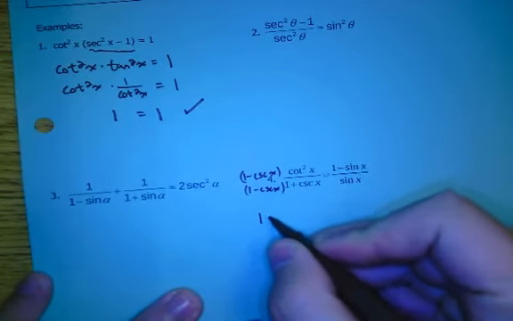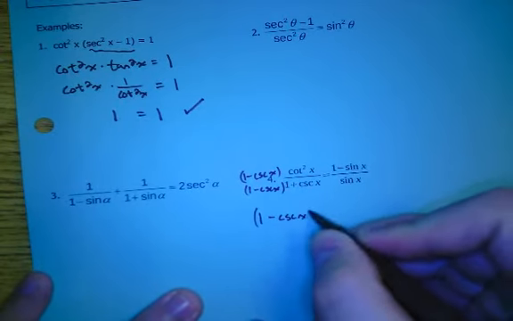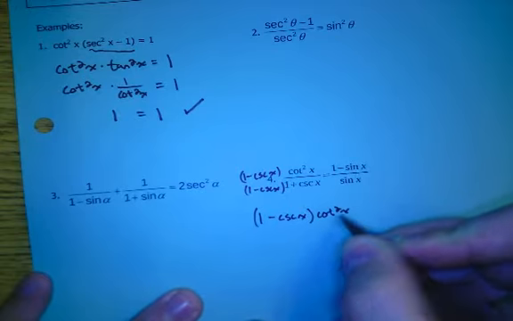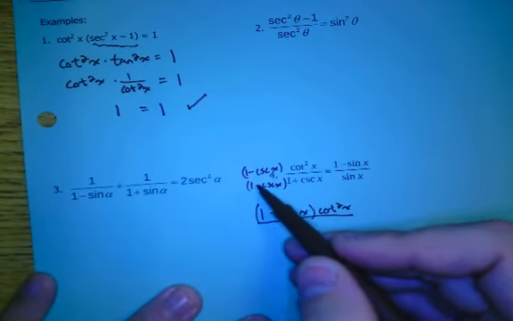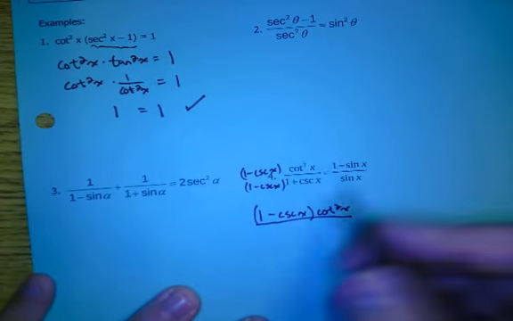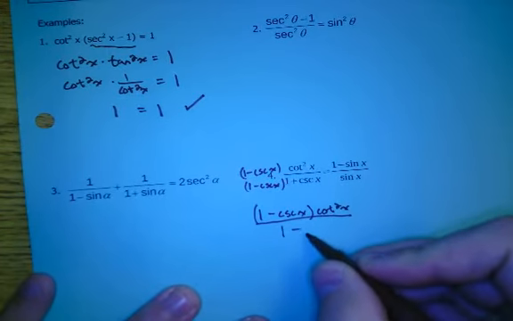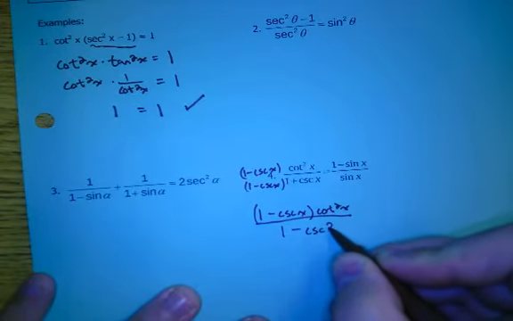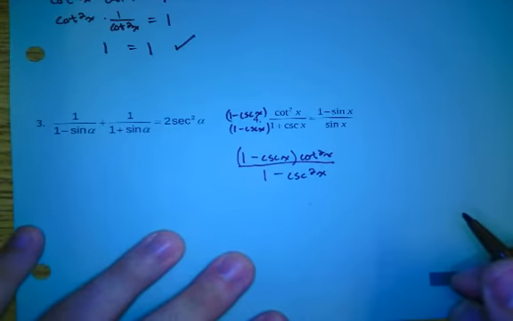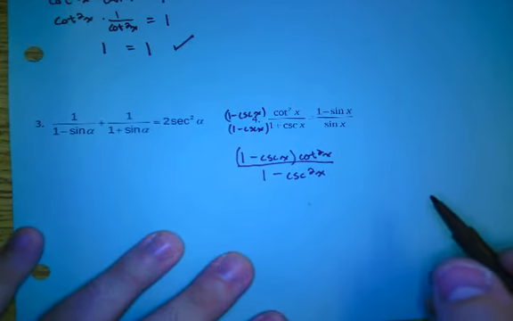Okay, so let's leave the top side the way it is. On the bottom here, what are you going to get? 1. Why is it subtraction?